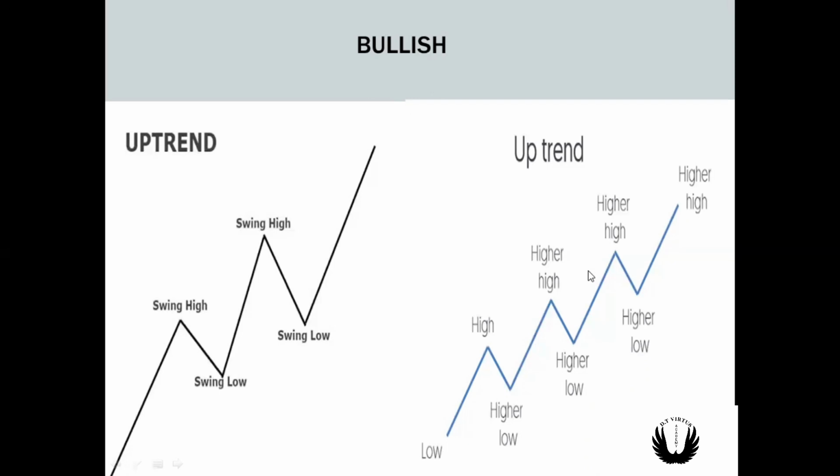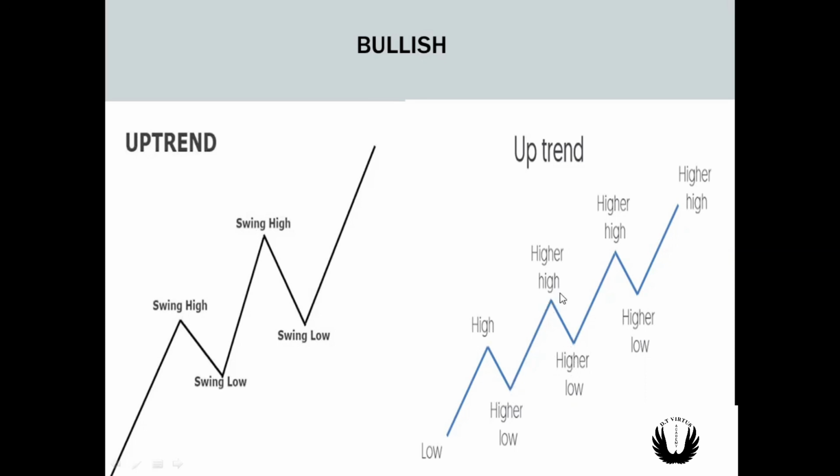Now they are shifting from buying to selling. That is if this low is lower than this low. But for a valid bullish trend, for a valid uptrend, the low must not be lower than this. It must be higher than the previous low.